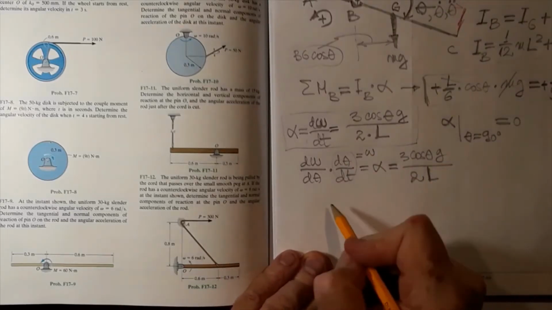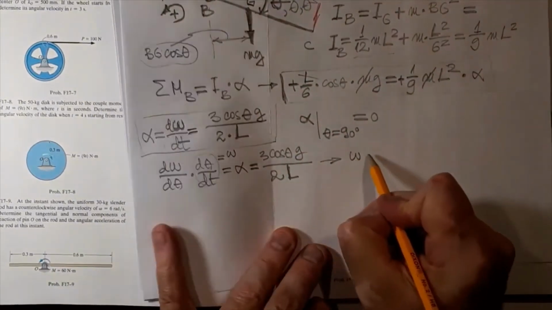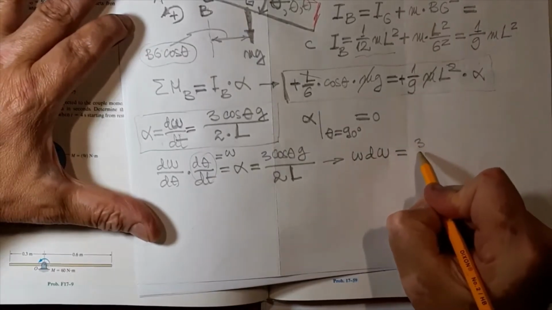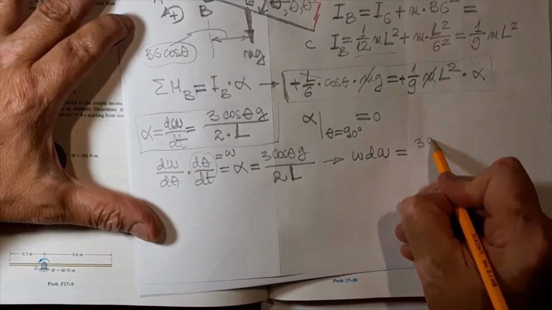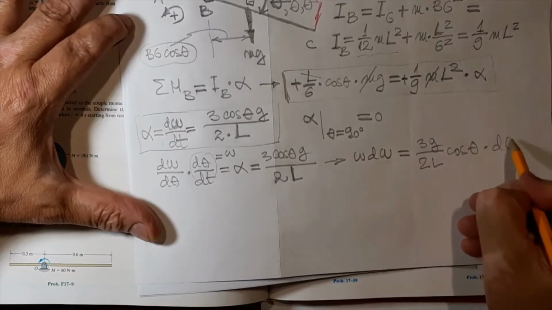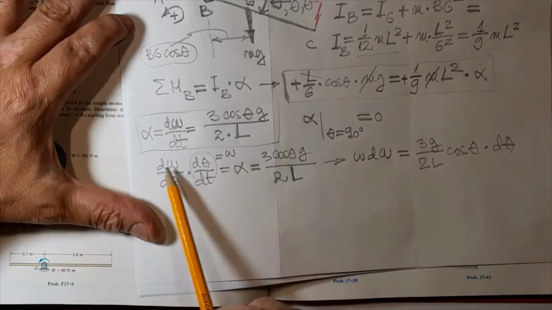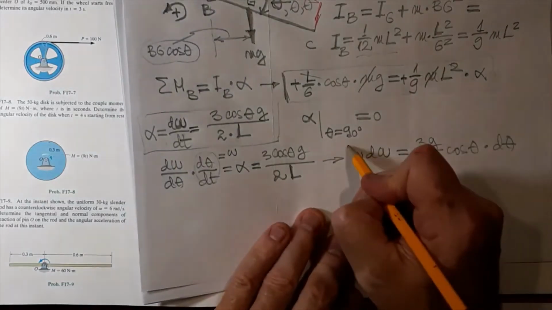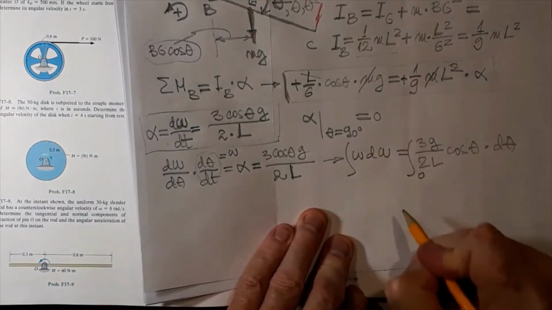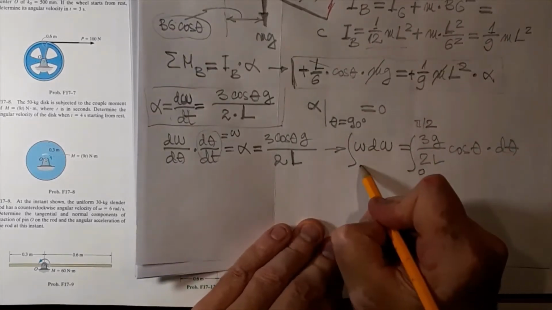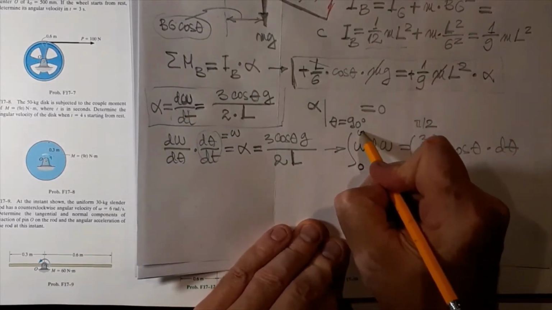So I have omega d omega equals 3g over 2L cosine theta d theta. This is the one that we're going to integrate, from 0 to pi over 2 for theta, and from 0 to omega for omega, and this will be omega at 90 degrees.